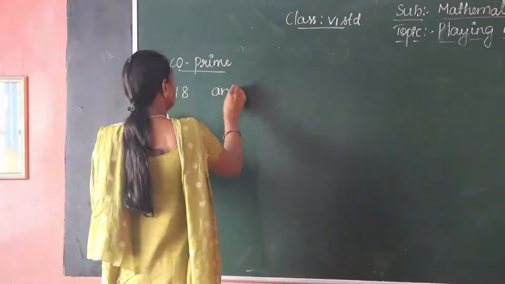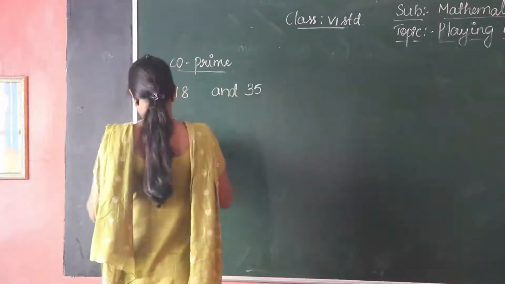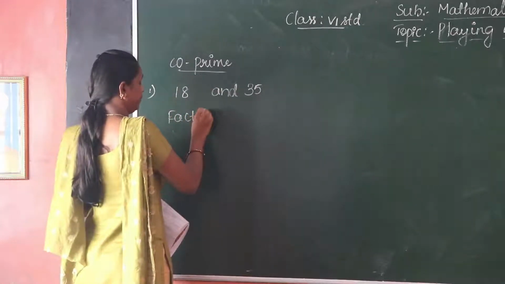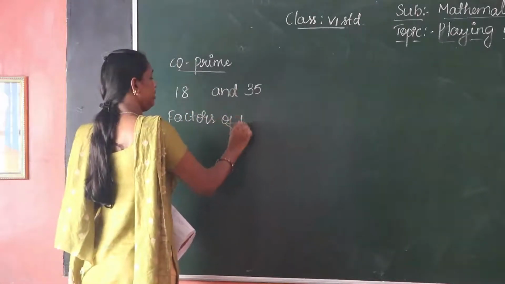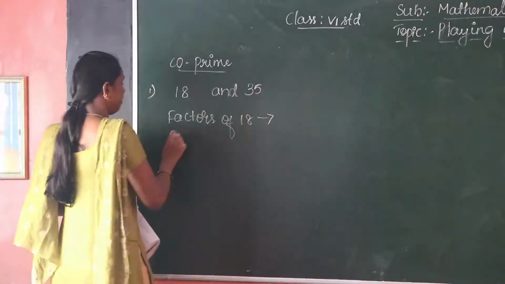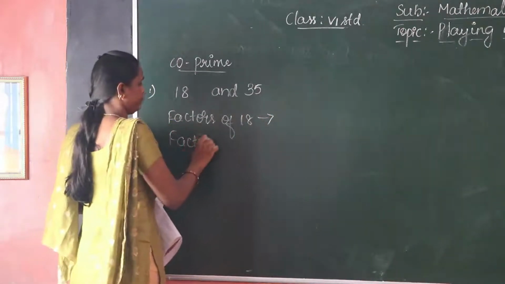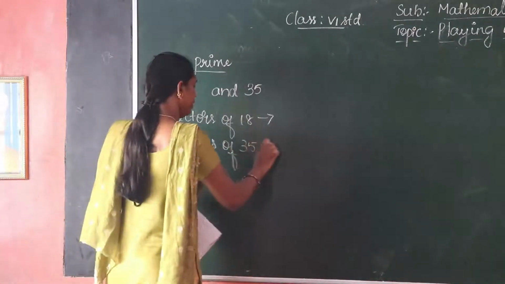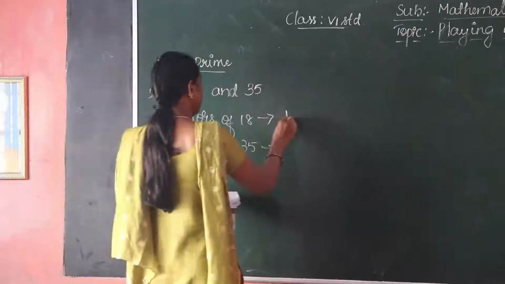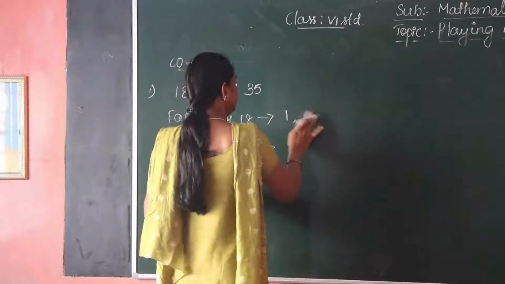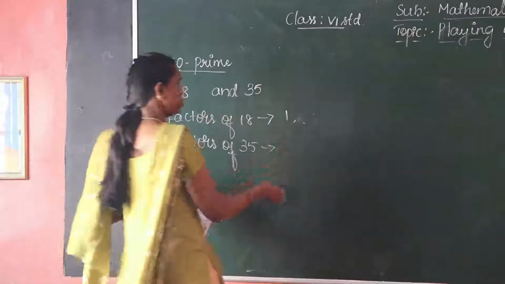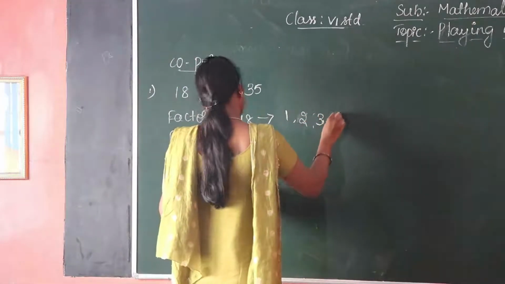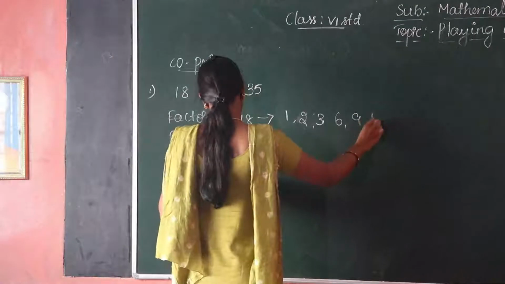Okay. 18 and 35. First, we have to write the factors of 18 and the factors of 35. Factors of 18 are 1, 2, 3, 6, 9 and then 18.